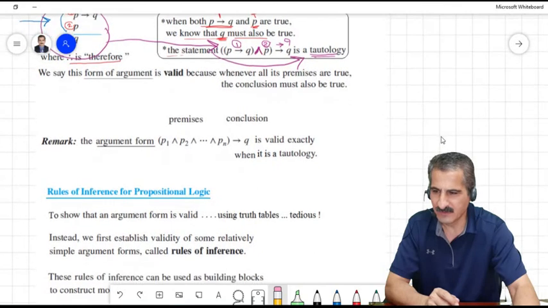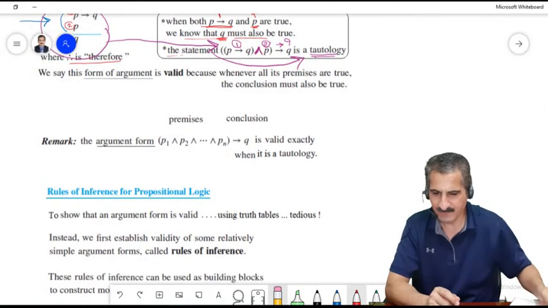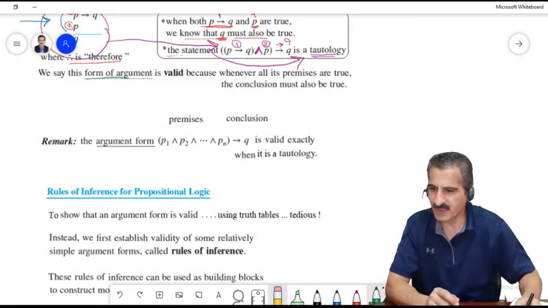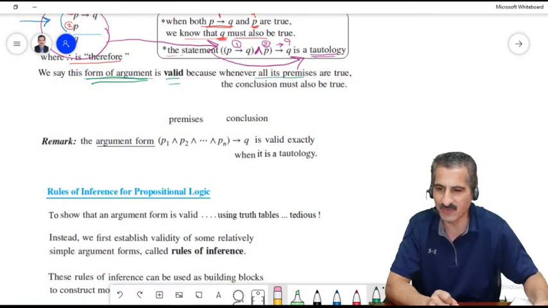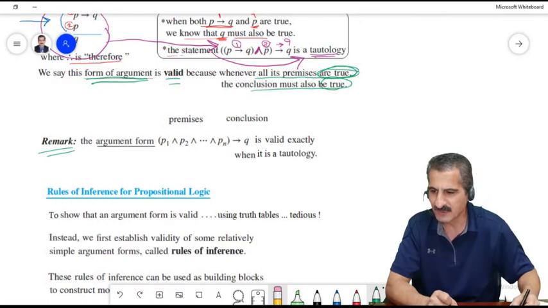Now, we say this form of argument is valid, because whenever all the premises are true, then the conclusion is true. So we are saying that again. Remark: the argument form. These are the premises.